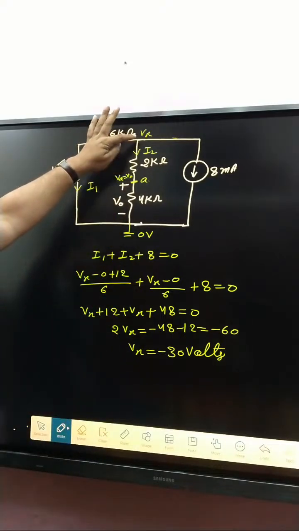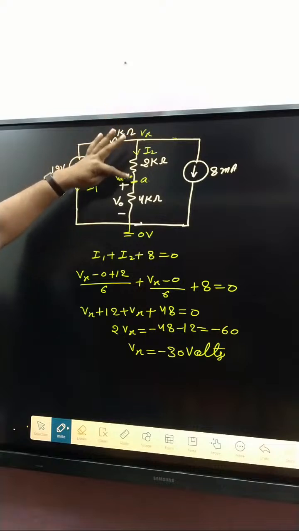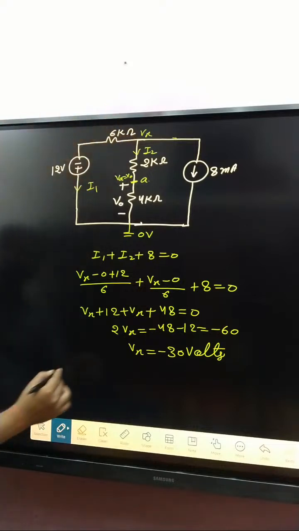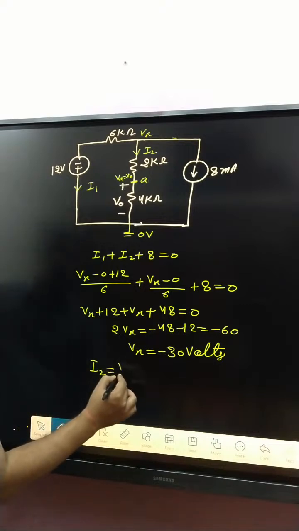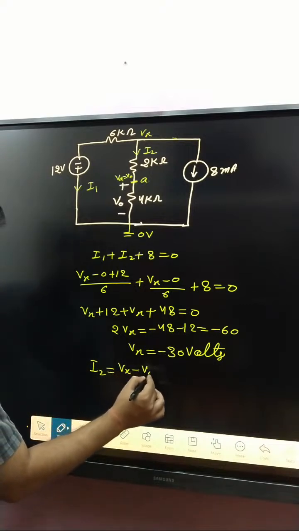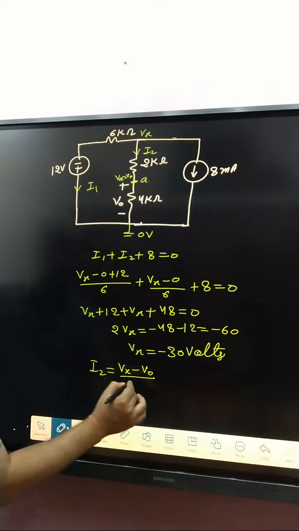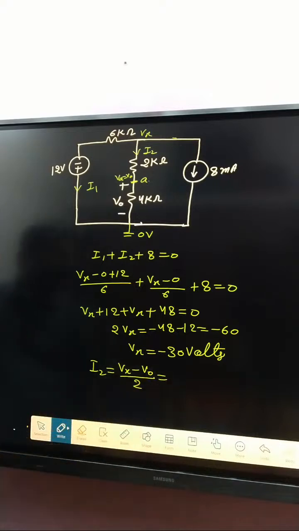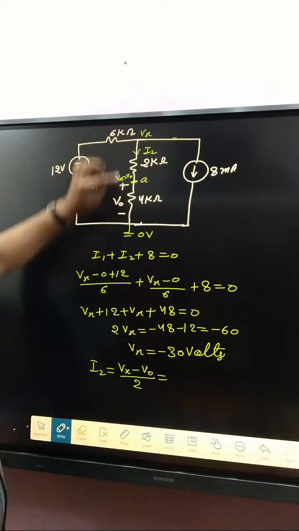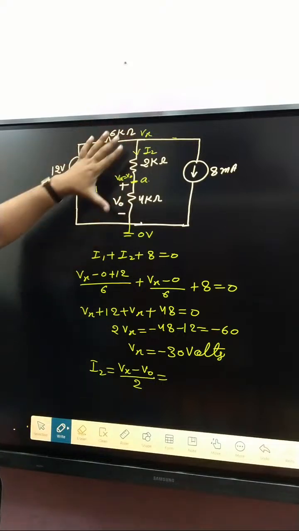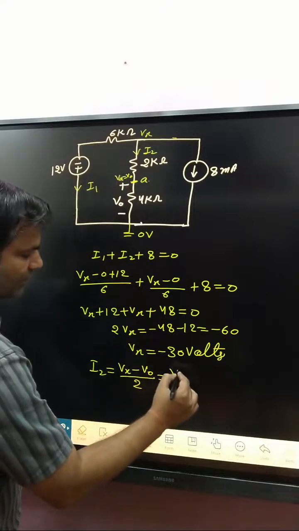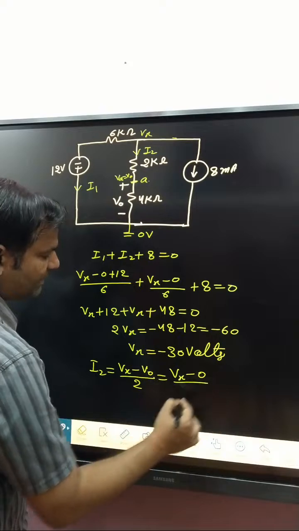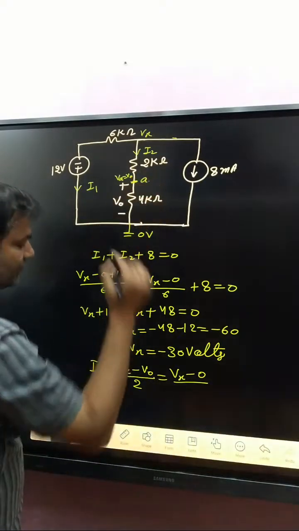Now what about I2? I2 is Vx minus V0. Someone wrote Vx minus V0 divided by 2 kilo ohm, another person says Vx minus 0 divided by 6. Vx minus 0 divided by how much? 2 plus 4, that is 6.